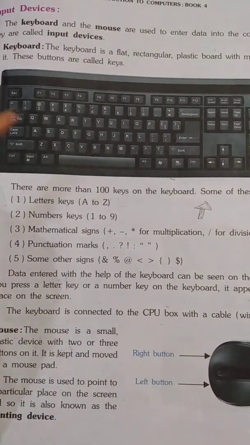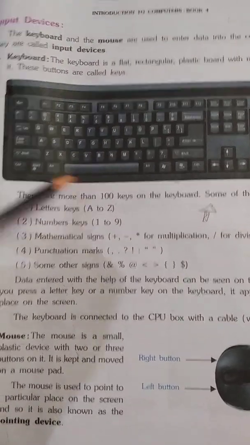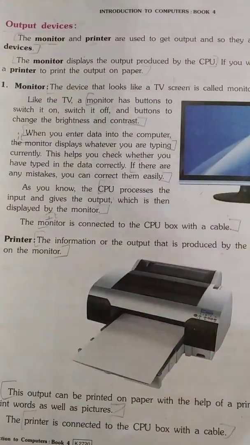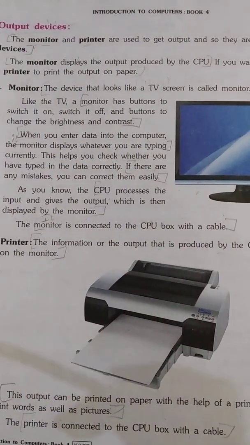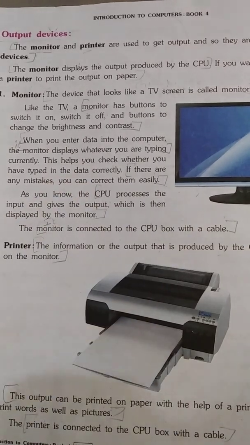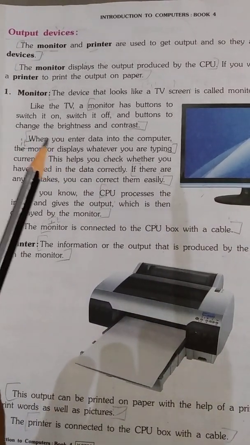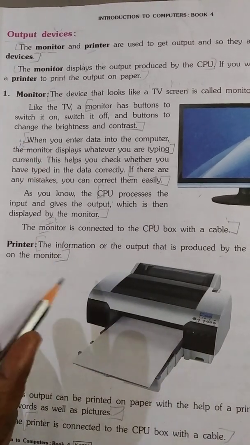Whatever data we have typed with the help of the keyboard is processed in the CPU. So the CPU is called the processing unit, the central processing unit.